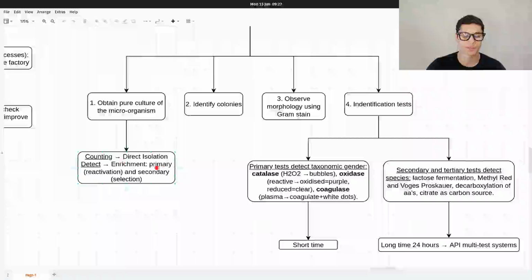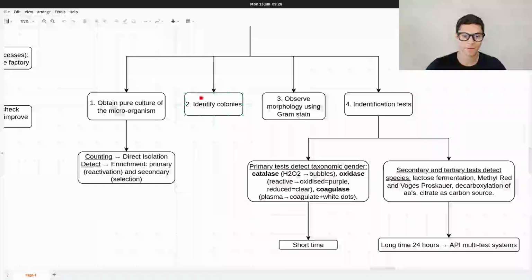So the first one lets all the microorganisms in that sample grow, and the second one selects the microorganism we want to detect. We put it on a selective culture medium so it can grow alone and be easily identified and detected.